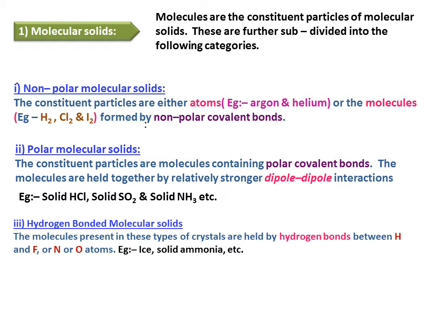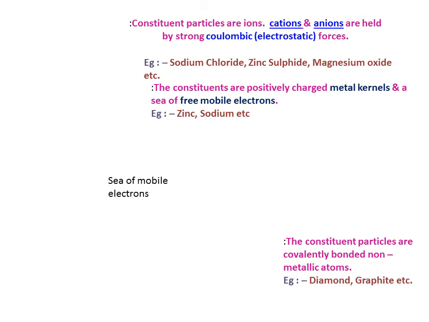Let us understand the other solids. Ionic solids, dear students. Ionic solids are solids in which the constituent particles are ions like cations and anions, which are held by strong Coulombic or electrostatic forces.